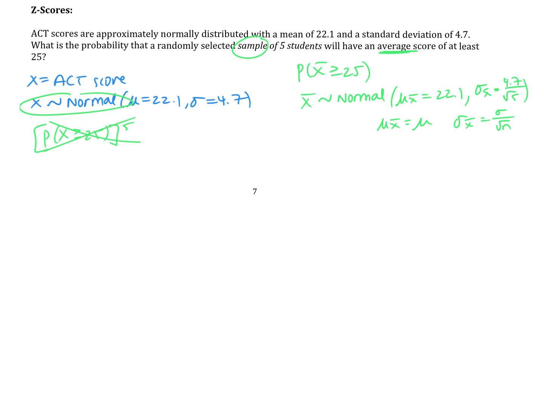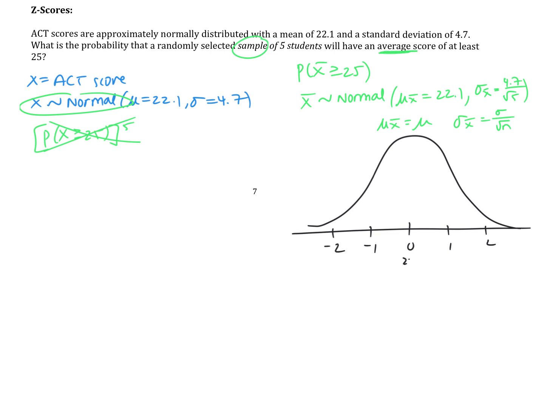So let's draw ourselves a figure and then we'll go to the calculator. So we're going to do the 0, 1, 2 like we normally do. And then I do 22.1. 4.7 divided by the square root of 5 is about 2.1.